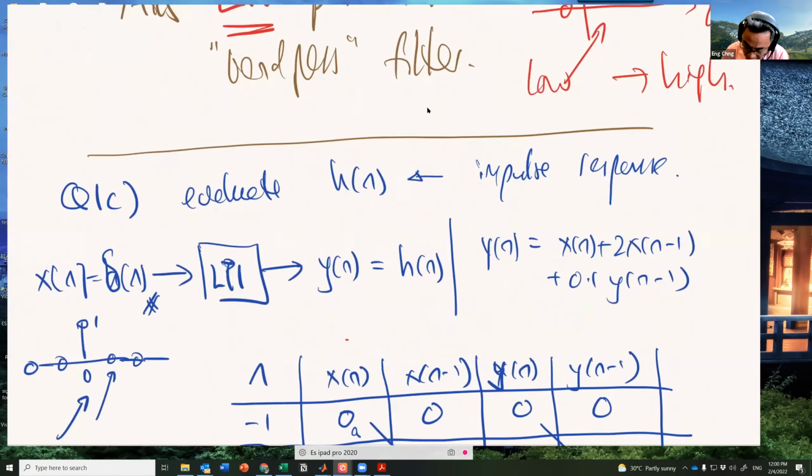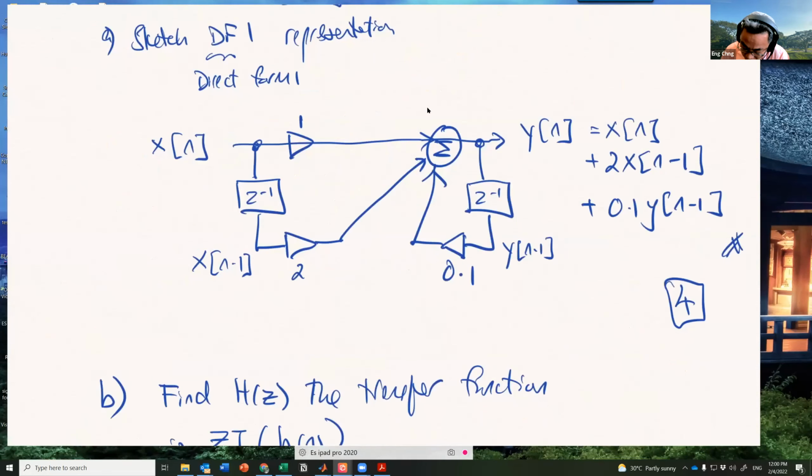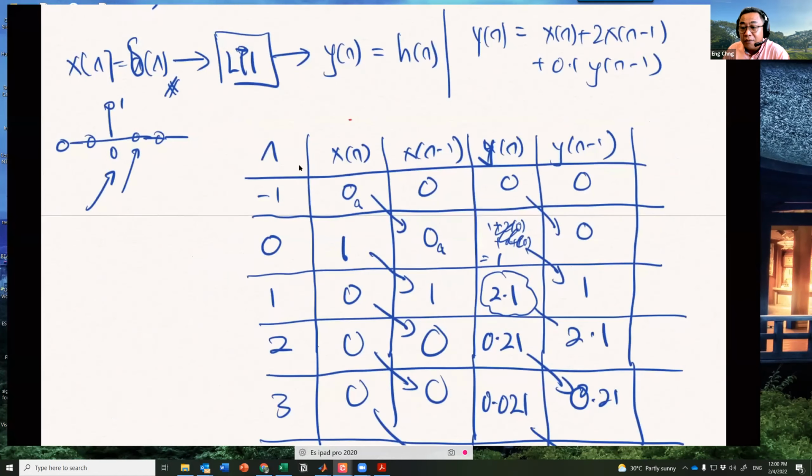Let us have at time, 0a here. Originally, this is 0a. Where's 0b? Let's call this 0b. If there's 0a, this guy is 0b. Can you see? If this 0a belongs to x[n], 0b belongs to x[n-1].